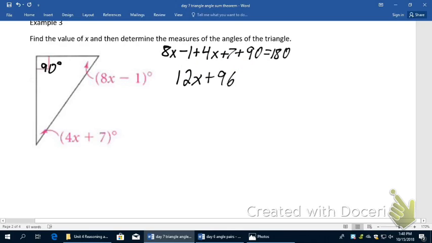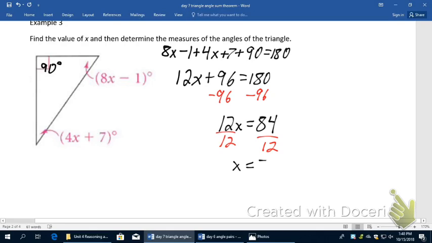Take 1 away, that's 96. Now I'm going to subtract 96 from both sides. So I'm going to get 12x is equal to 84, and I'm going to divide by 12. So x is equal to 7.